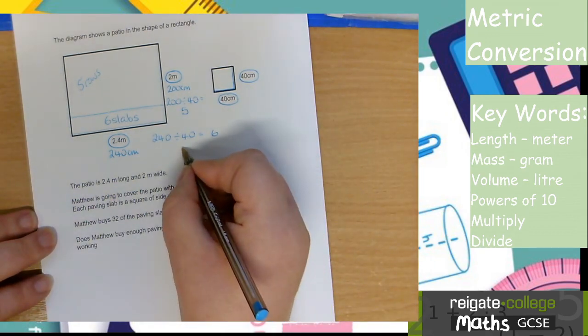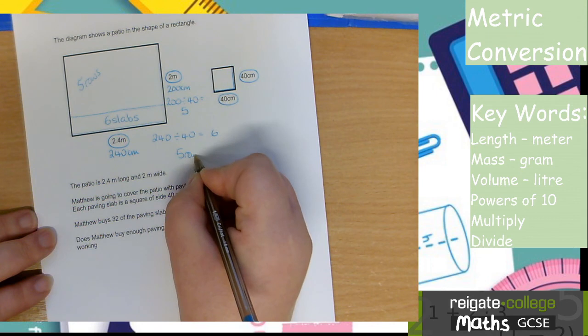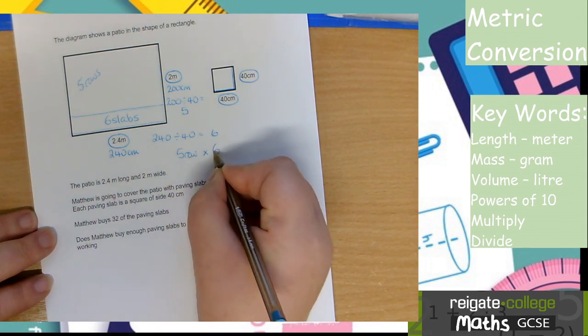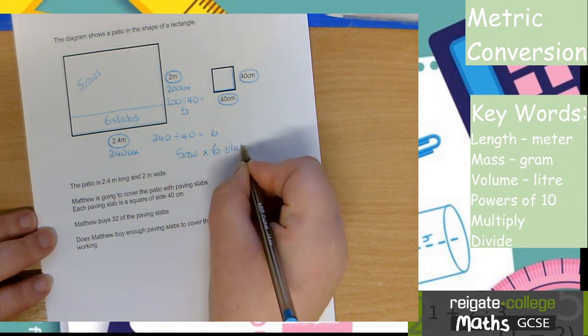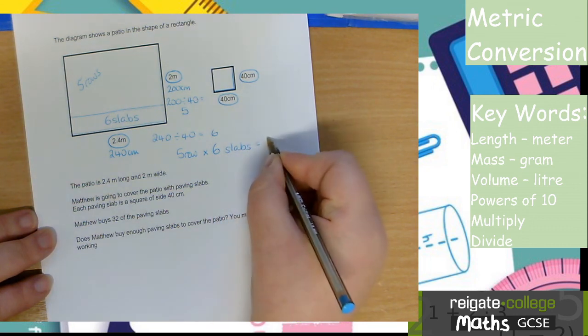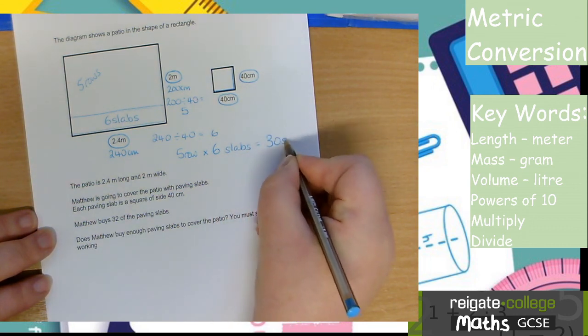So 5 rows times 6 slabs in each row means I need 30 slabs.